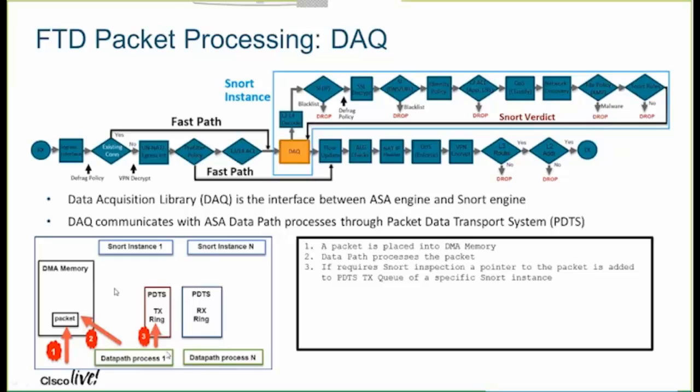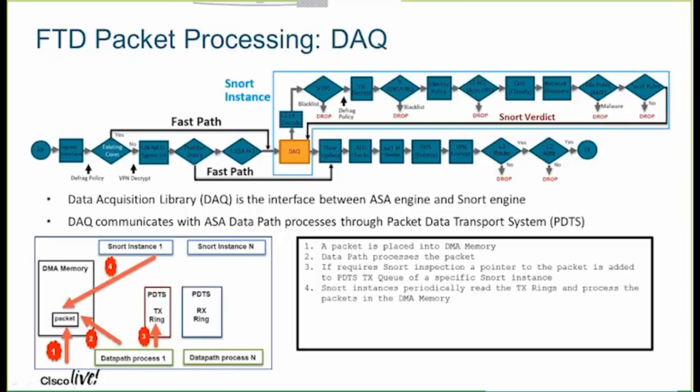If your action is set to analyze and L3, L4, ACL is set to allow or trust, we then add a pointer on the PDTS TX ring indicating this packet's location. If it is fast path, we do not do this. If the traffic is fast path over pre-filter, we will not be performing step number 3 here.